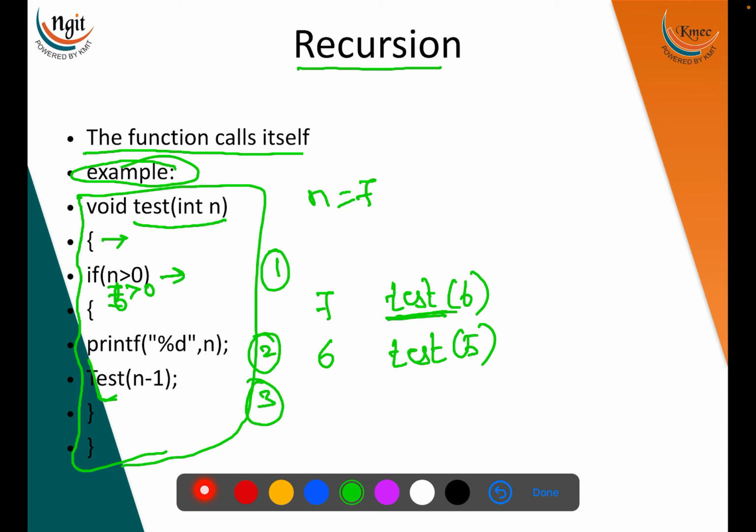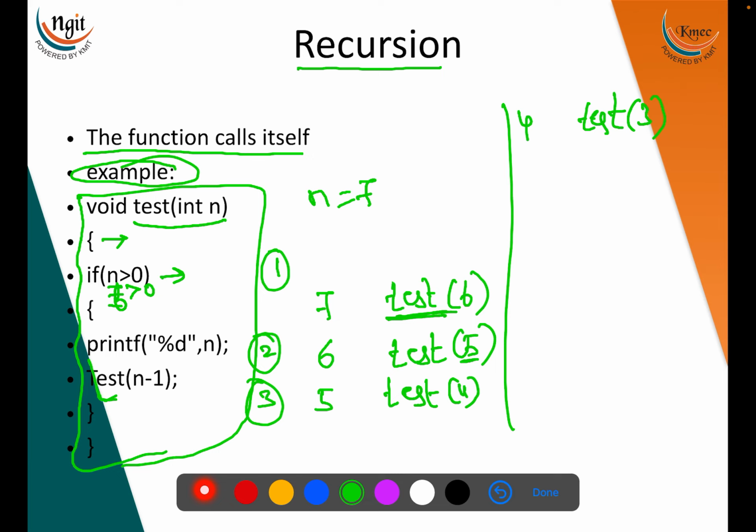Now the next: this time test(5), the n value is 5. Test(5) means 5 is the n value. Now 5 is printed, then test(4). Again test(4) calls test(3), and test(3) calls test(2), test(2) calls test(1). Now the n value is 1, and it is still greater than 0. 1 is greater than 0.